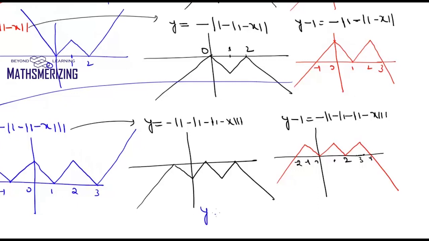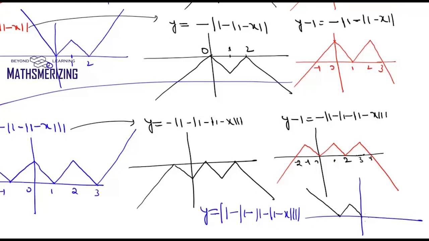And then finally, transformation of another mod of x. So this is minus 2, minus 1, 0, 1, 2, 3 and 4.